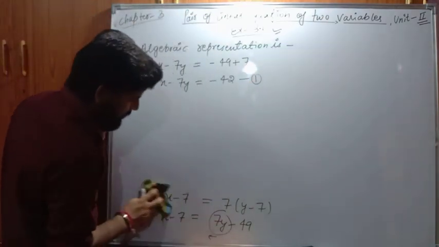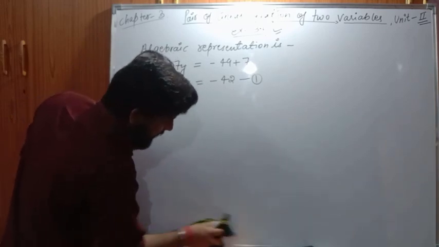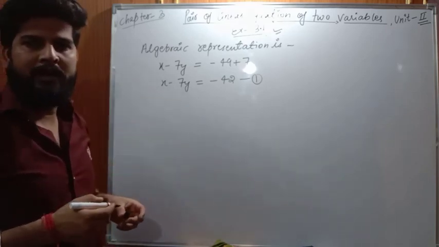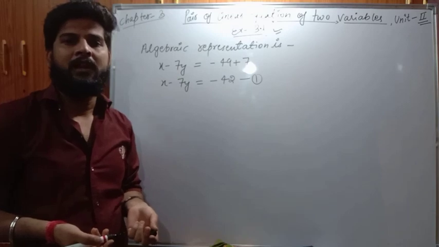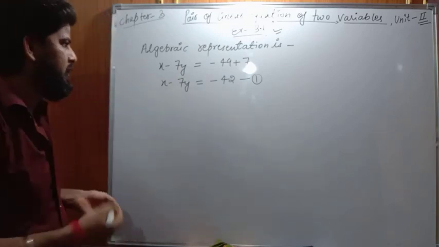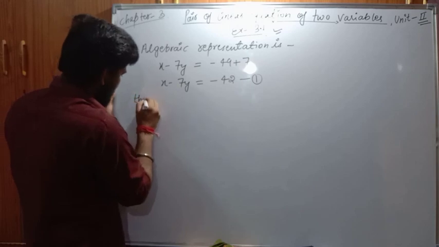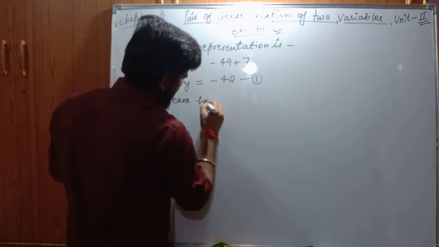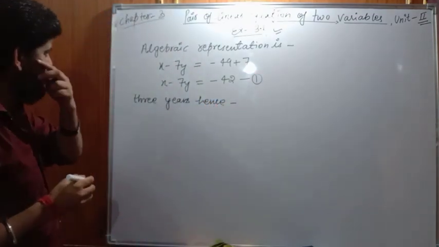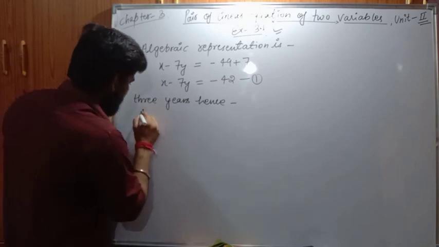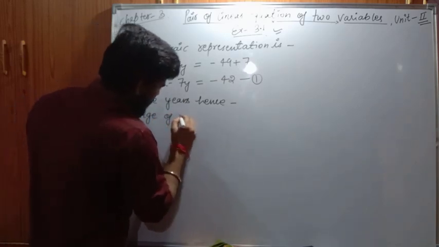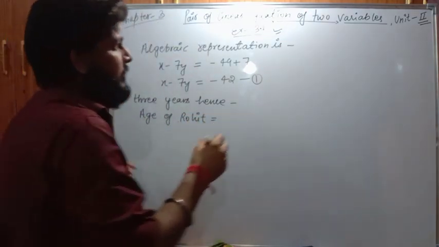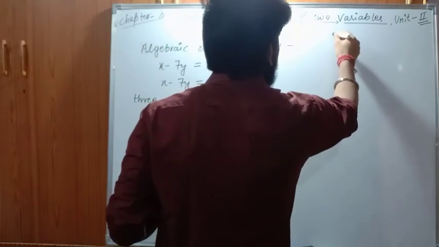So in the second scenario it is saying that after 3 years the age of Rohit will be 3 times the age of his daughter. So after 3 years, age of Rohit equals, see, we have assumed that the present age of Rohit is x.